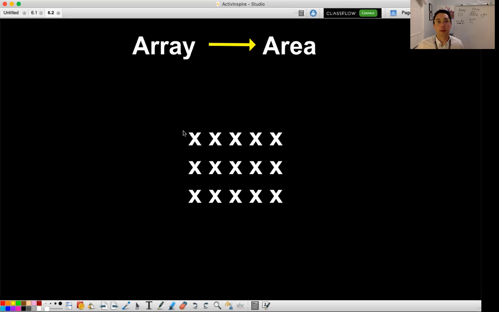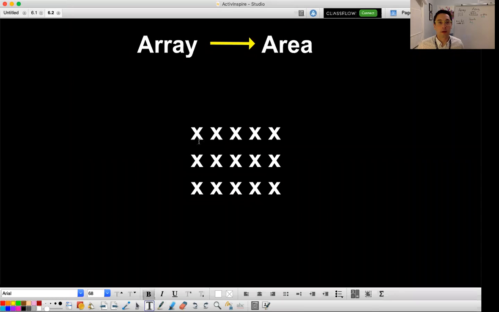So what I mean by that is right here you have an array. That means that you have rows and columns of an object, and we can figure out what that means using multiplication or addition. If I count here, I see 1 row, 2 rows, 3 rows.